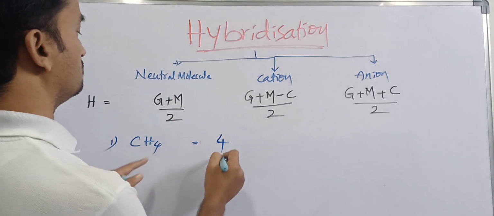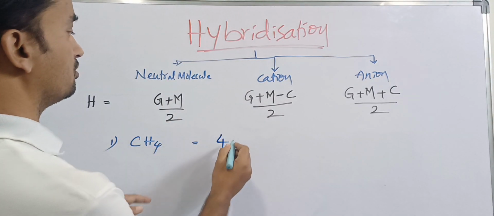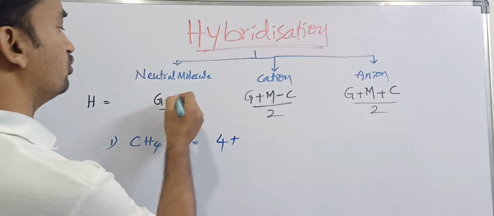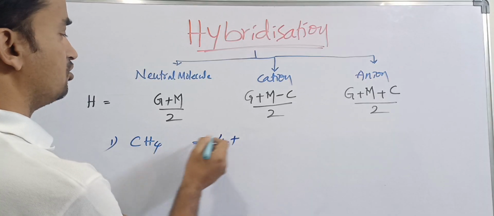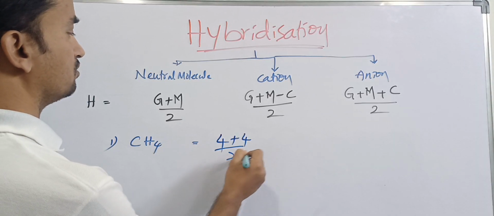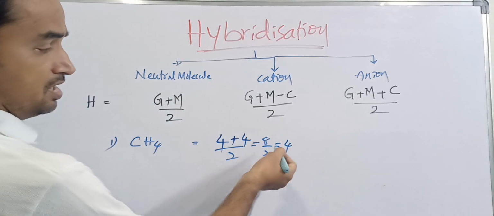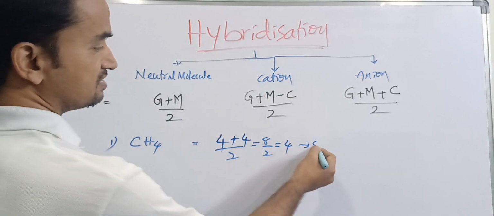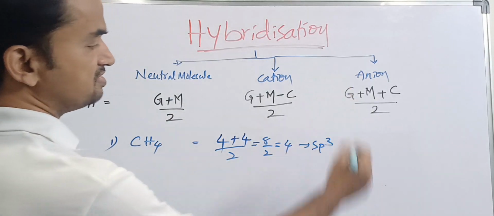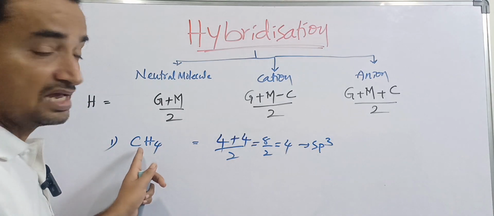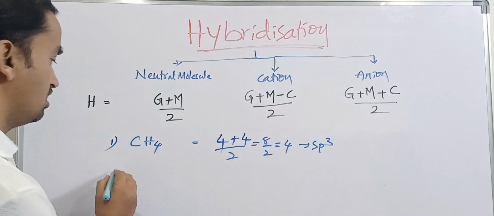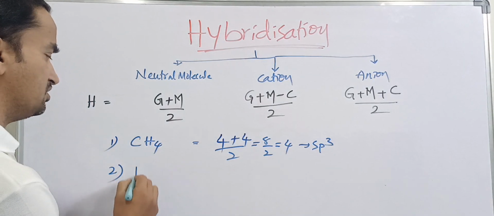So 4, the carbon group number, plus the number of monovalent atoms, all hydrogens. So how many are there? 4. So 4 plus 4 is 8, divided by 2, that is 4. If the H value is 4, the hybridization is sp3.